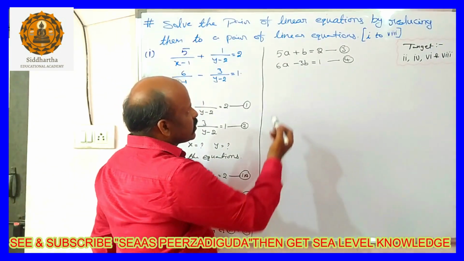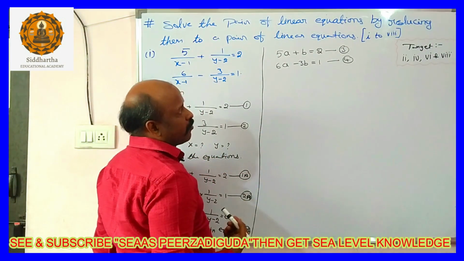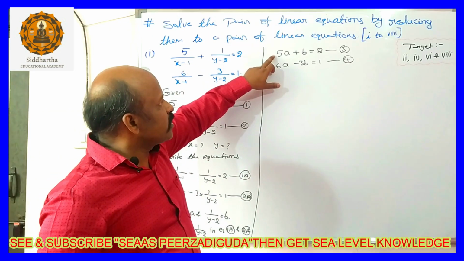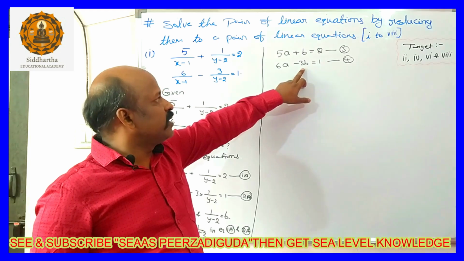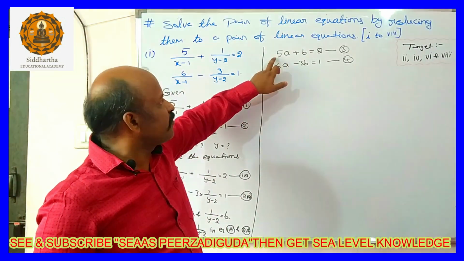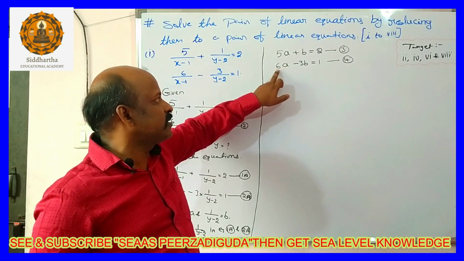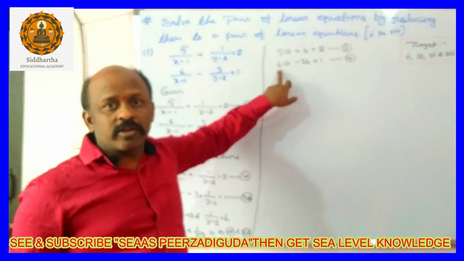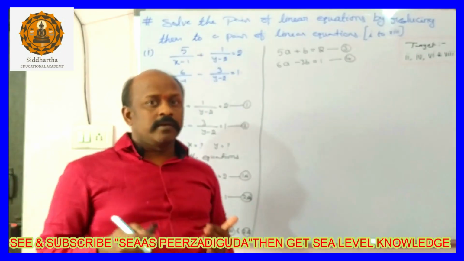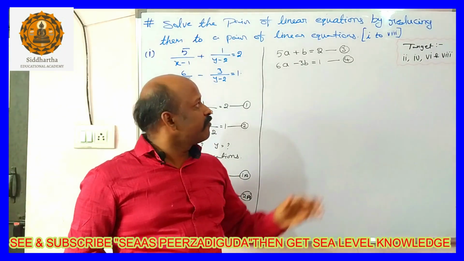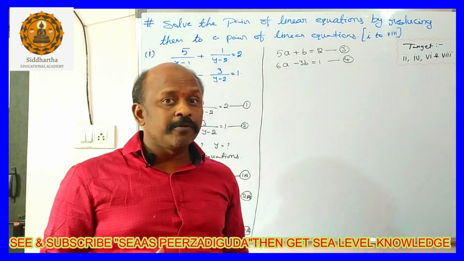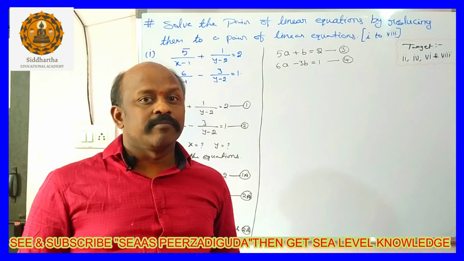For solving equations 3 and 4, the coefficients of a or the coefficients of b must be the same. Here the coefficient of a is 5, and here the coefficient of a is 6. These are not the same. Here also not the same. To get the same value, for both the coefficients to be the same, what should we do? We have to do LCM.